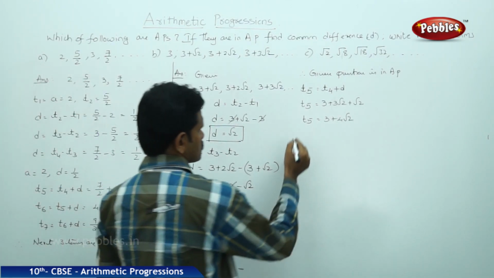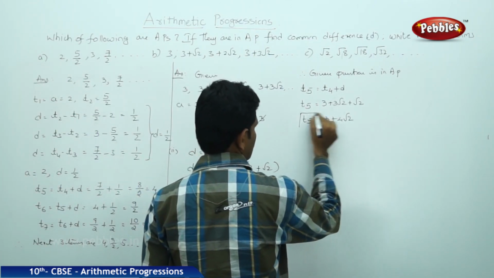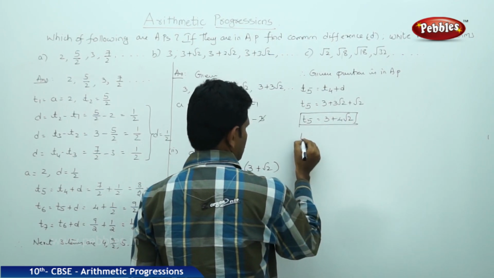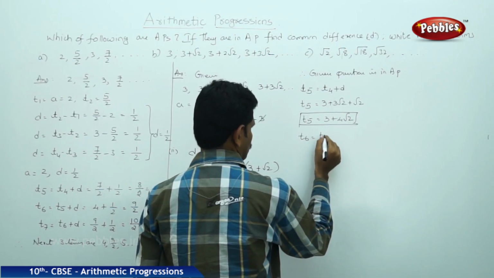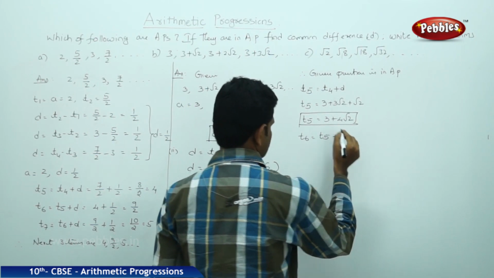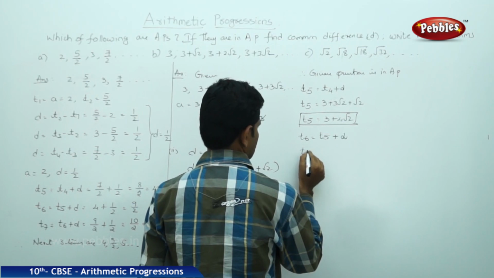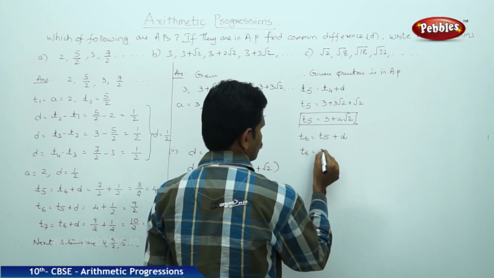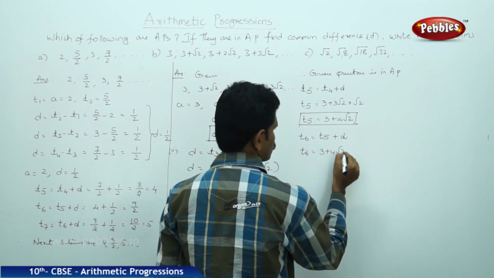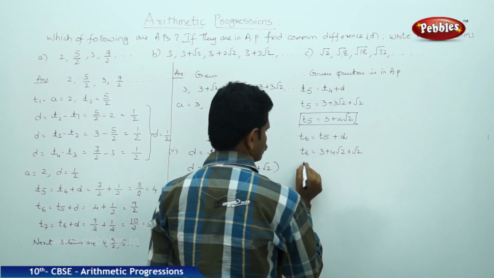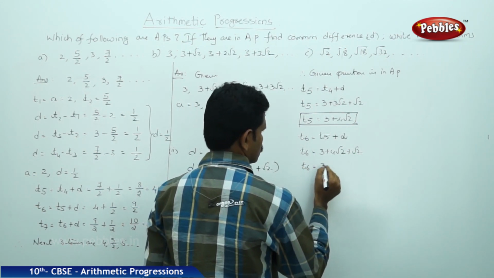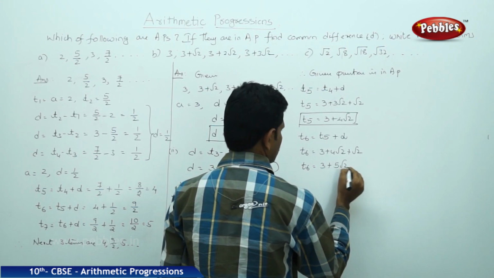Now T5 I got. Next, T6 is equal to T5 plus D. That is T6 is equal to 3 plus 4 root 2 plus root 2. That is T6 is equal to 3 plus 5 root 2.